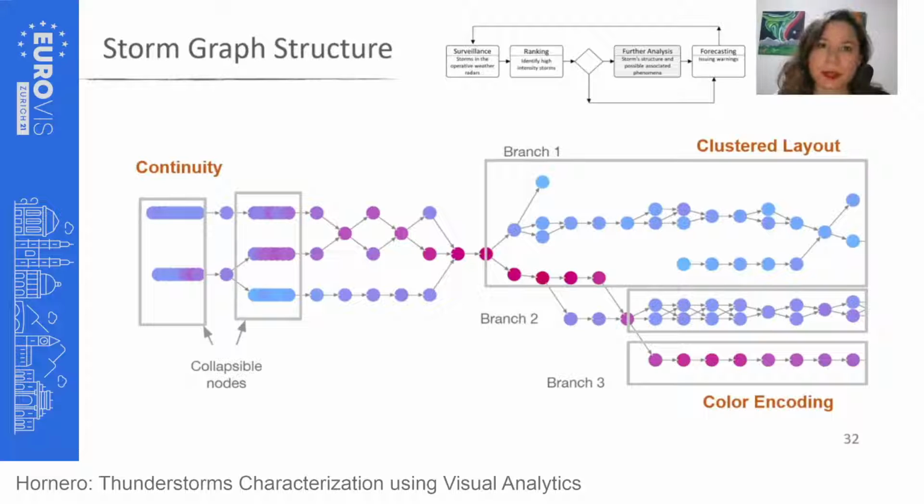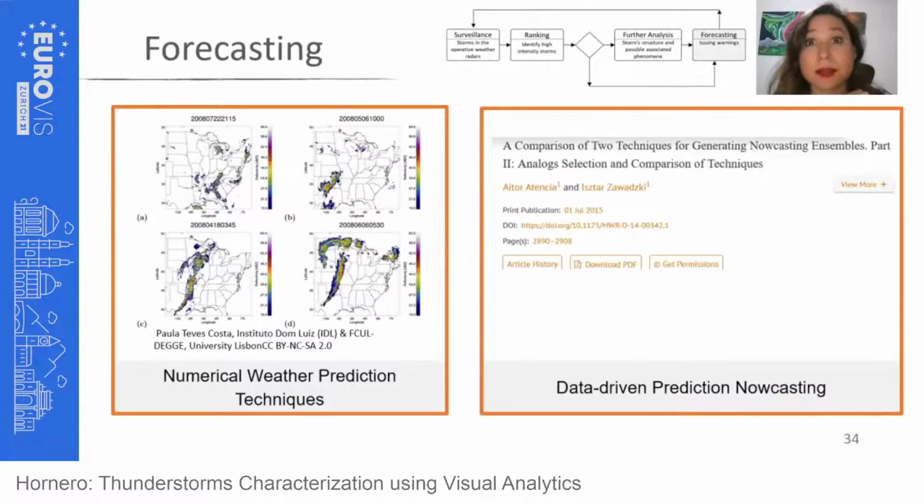After all of this analysis and to complete the task workflow, forecasters now issue short-term warnings about potential severe weather events. Currently, there are two groups of operational techniques that can be used and combined to provide forecasters with adequate guidance for issuing short-term warnings.